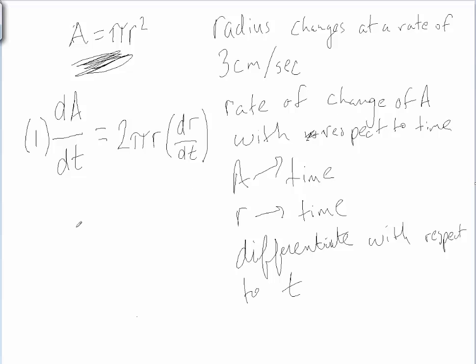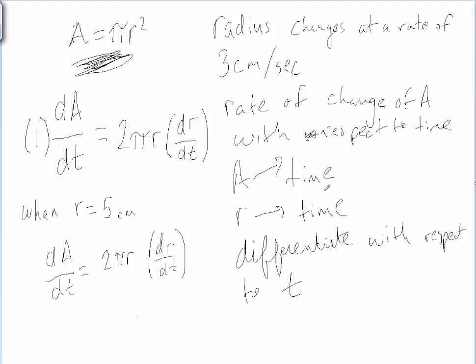Now if I want to find the rate of change of area with respect to time, let's say when the radius equals 5 centimeters. We want to find the rate of change of a with respect to time. So we know this to be true. And we just now fill in, we want to know derivative of a with respect to t.